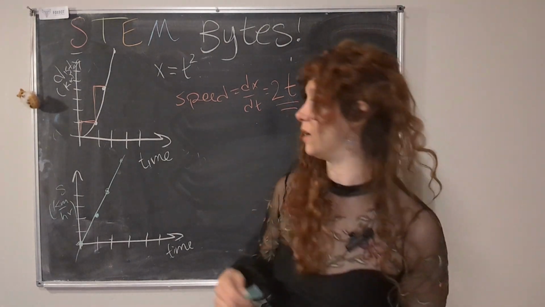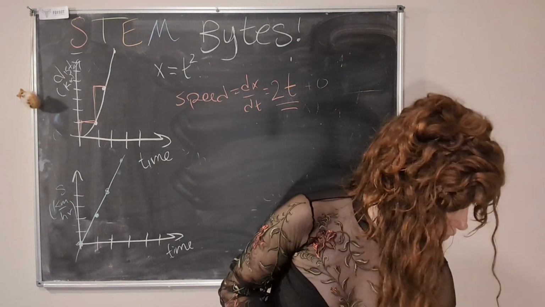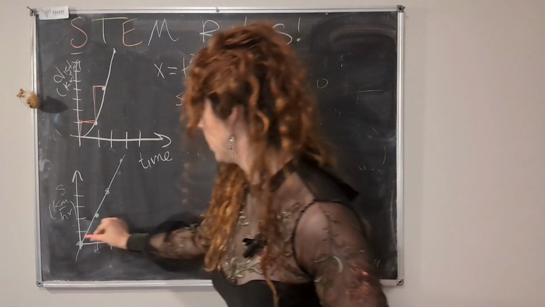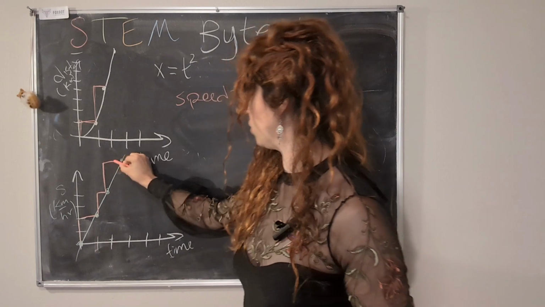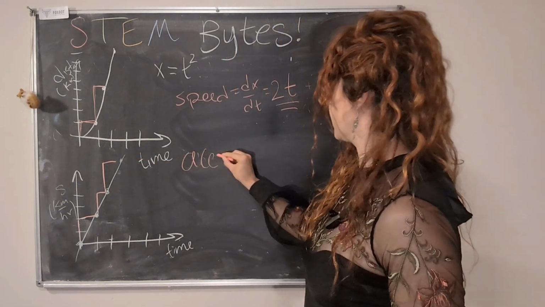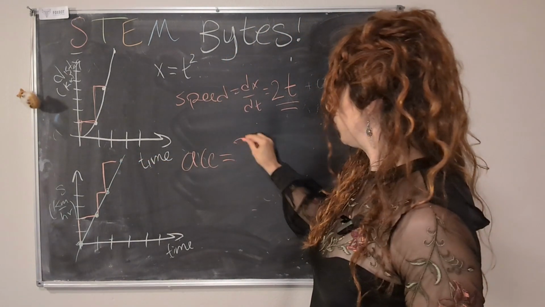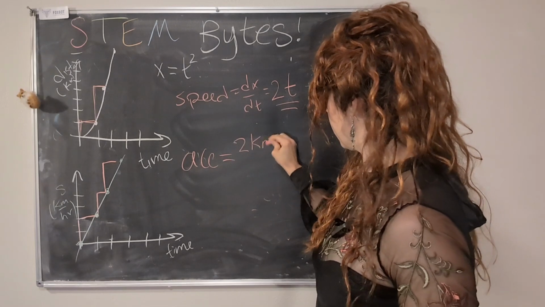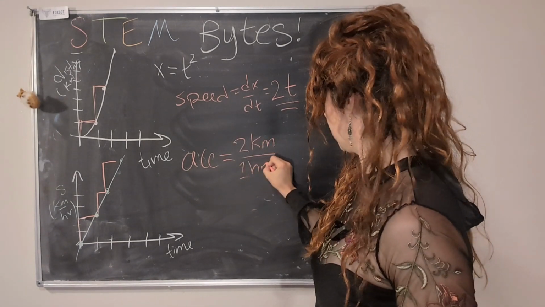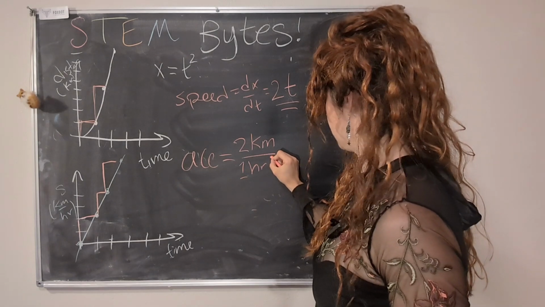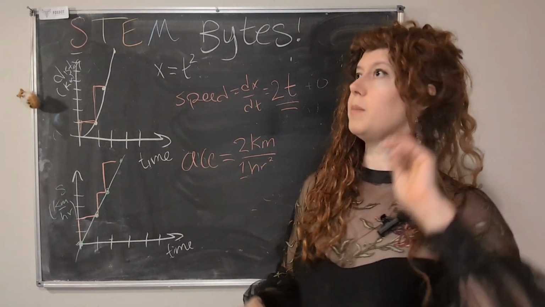We have a rate of change here. So we have a rate of change that is 2 over 1, 2 over 1, 2 over 1. So in this case, the acceleration is 2 kilometers over 1 hour, well, 1 hour squared.